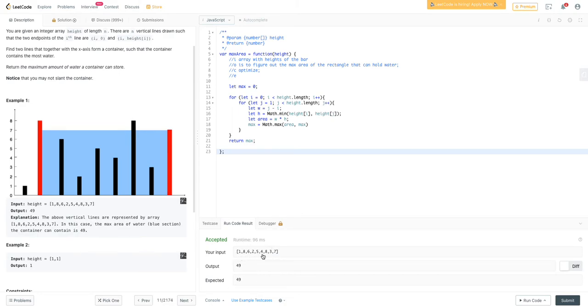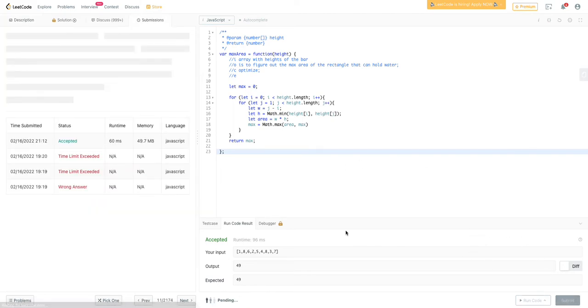But as our array gets bigger and bigger, our search for the area that holds the water also increases the amount of time it takes for us to find that. So if I were to submit the problem, I would get time limit exceeded.